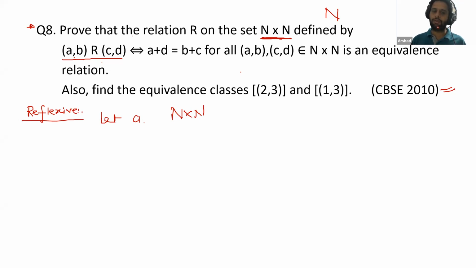Anyone can tell me? Let a comma b belong to N cross N.